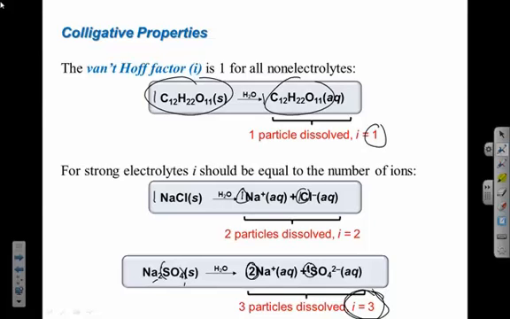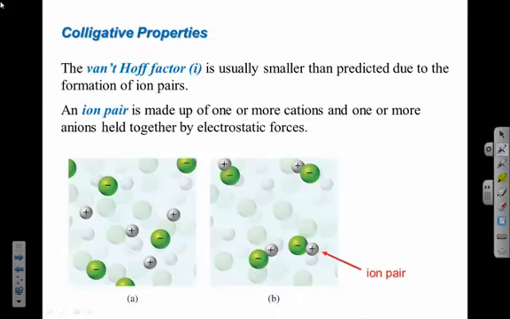And so if I had equal molality of NaCl and equal molality of Na2SO4, the Na2SO4 would cause a greater boiling point elevation or freezing point depression because I get more total particles to disrupt the way that the water interacts with other water molecules. So that's the estimated Van't Hoff factor.